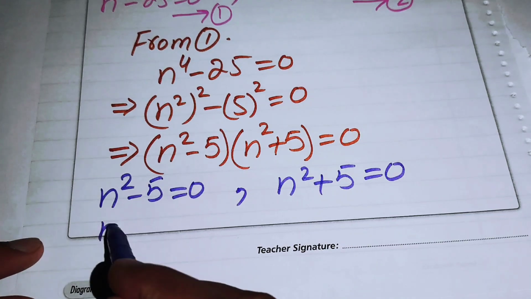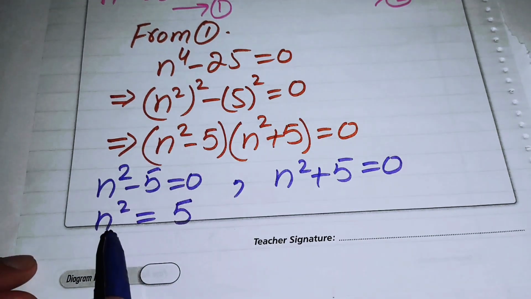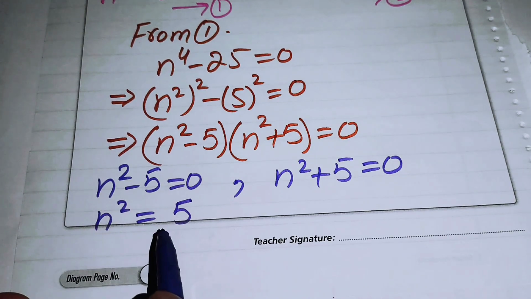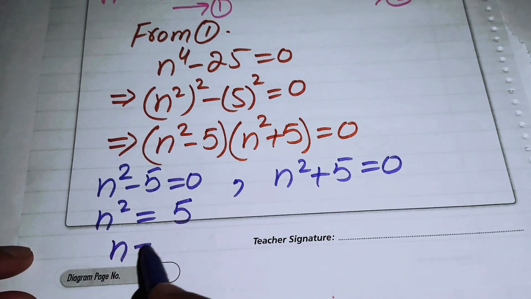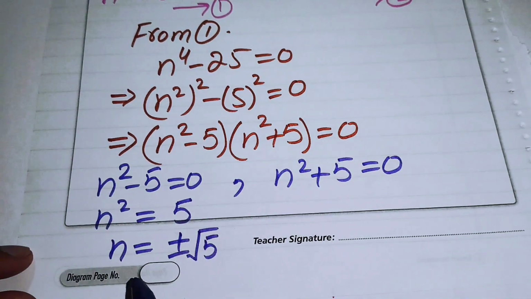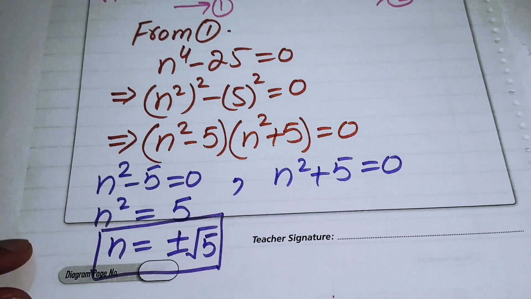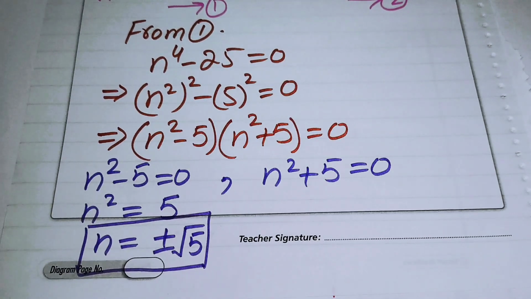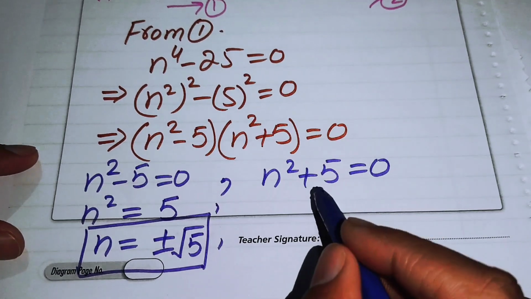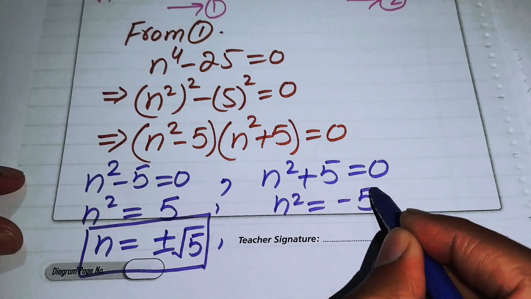In the first case we have n squared equals 5, and when we take the square root on both sides, we get n equals plus minus square root of 5. So these are the first two roots of this equation. Now we focus on the second one: we move this 5 to the right hand side and get minus 5.